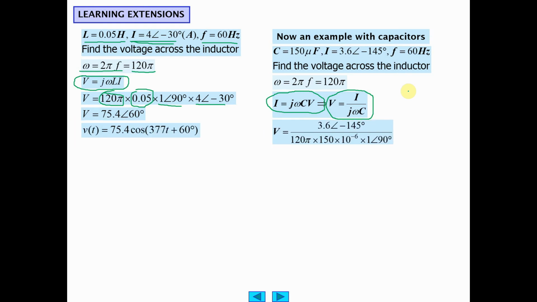1 over j, well, here's the division right there. There's dividing by j. This is the leading factors: 3.6 divided by 120 pi times 150 times 10 to the negative 6. 150 microfarads, there's the micro into the 10 to the negative 6.